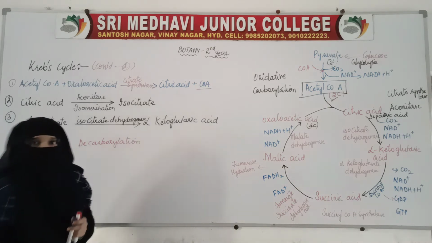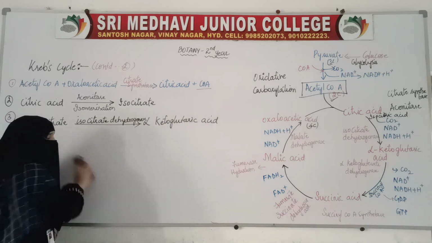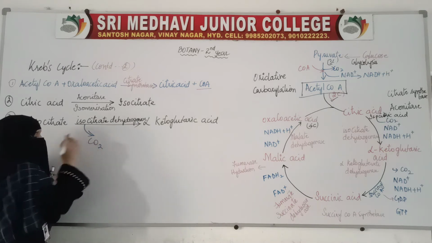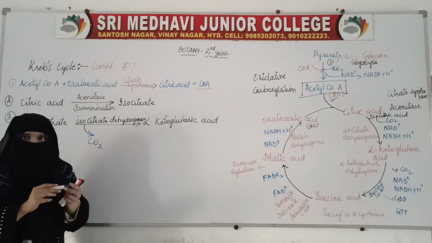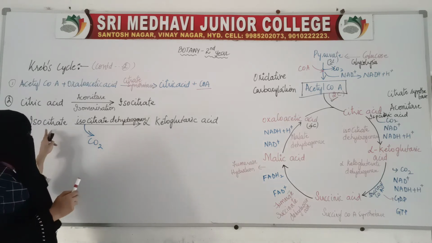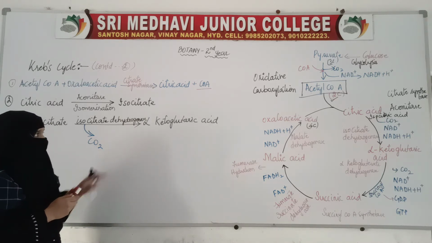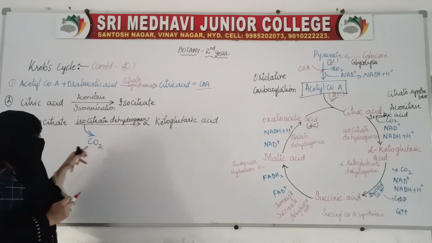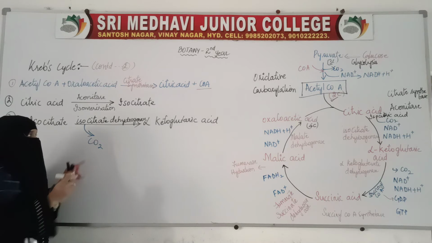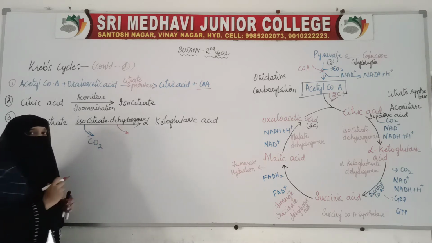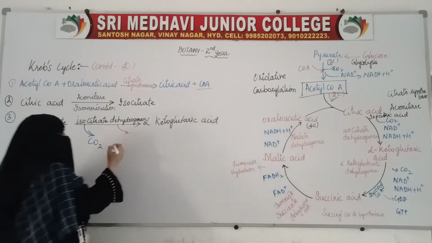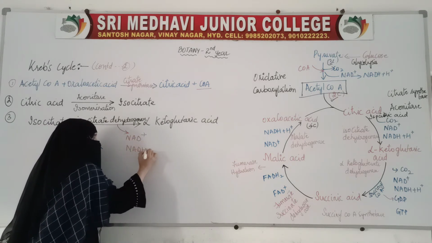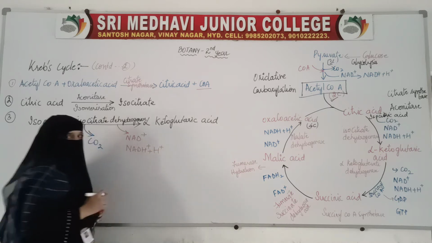So what is happening during this reaction? A molecule of carbon dioxide is released. So alpha ketoglutarate is formed, carbon dioxide is released, and the third thing which happened during this reaction is that NAD has been reduced to NADH plus H plus.